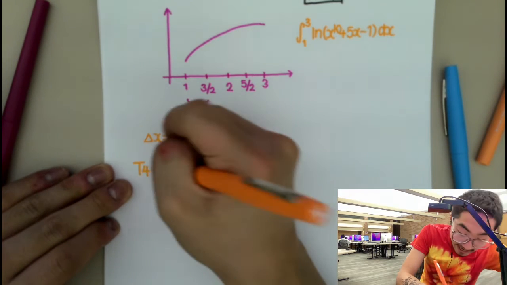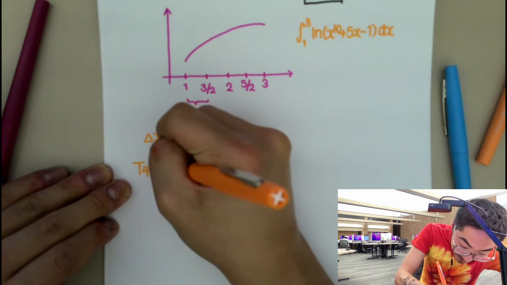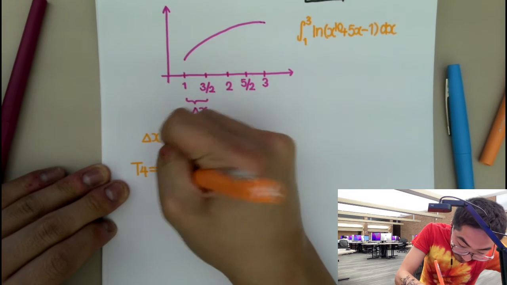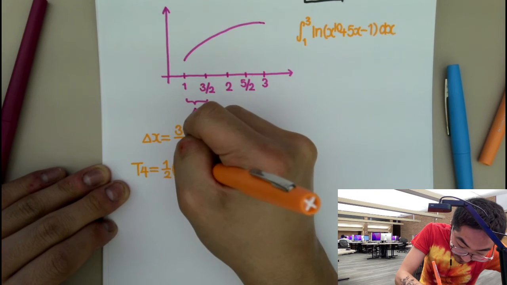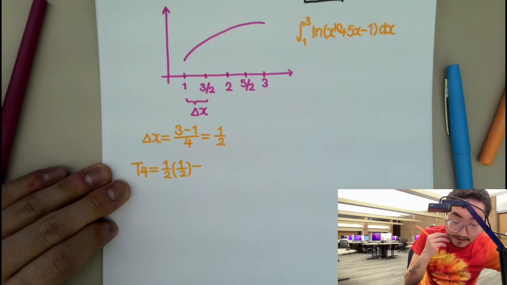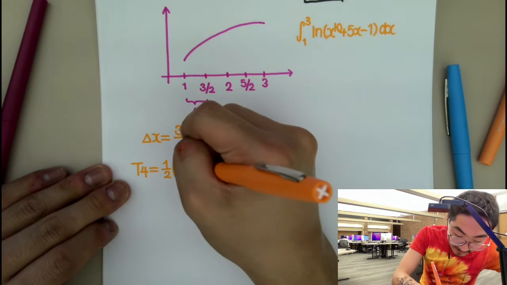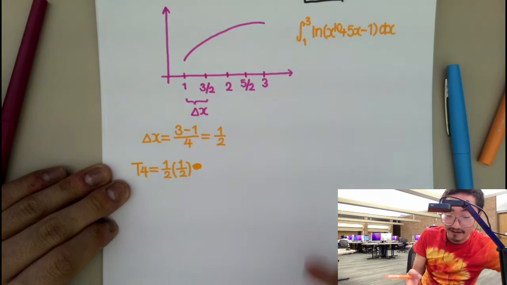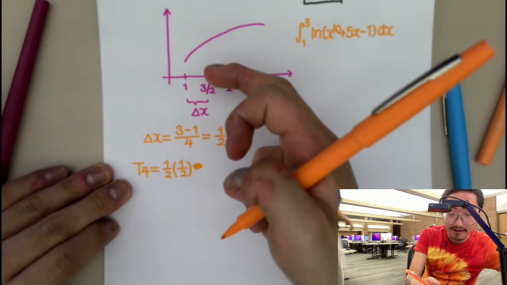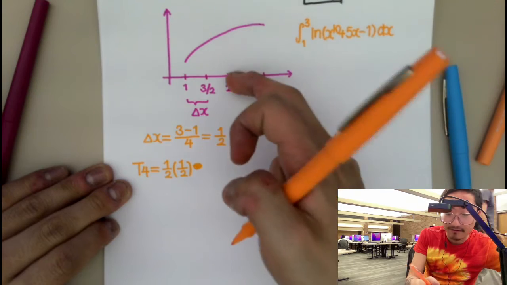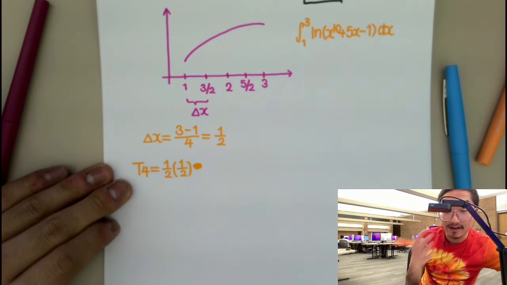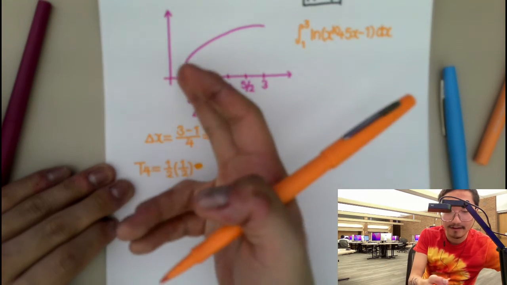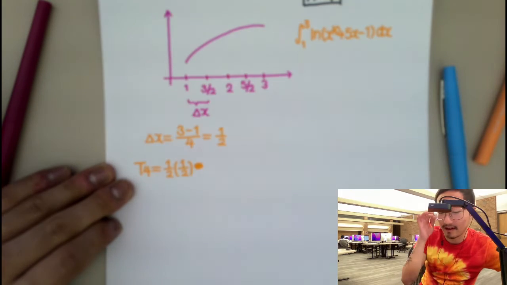So it's going to be 1/2 times delta x, which is 1/2, and we just multiply them. The x values are 1, 1.5, 2 and 2.5, so n is 4, taking from 1 to 2.5.